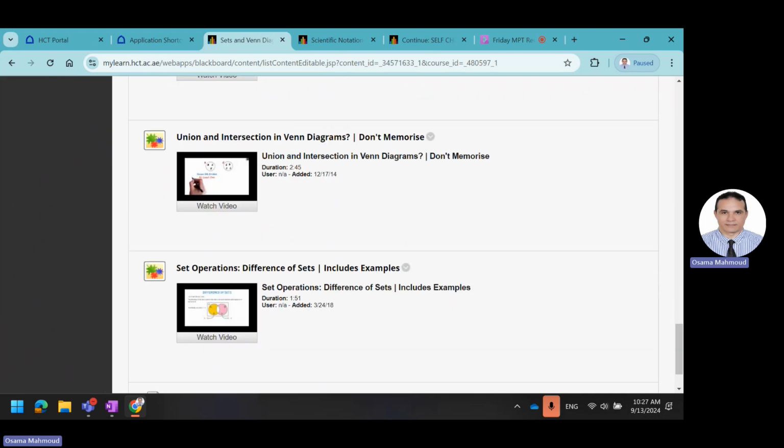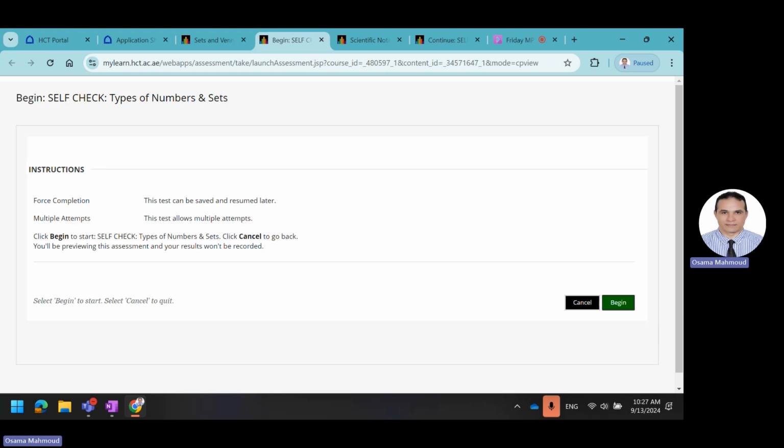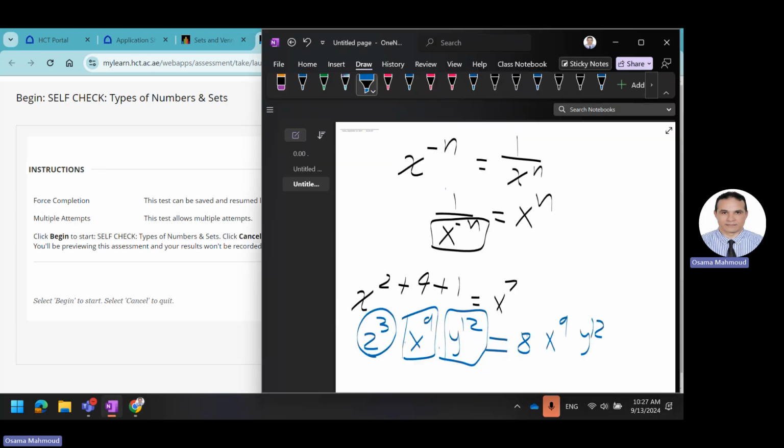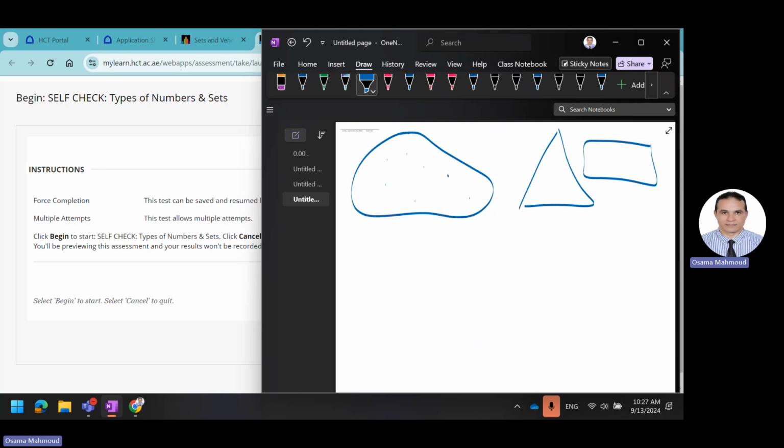Also, before I solve the self-check question over here, I should have some knowledge about the Venn diagram, right? So Venn diagram is a closed curve, whatever it is, triangle, rectangle, it doesn't matter, right? You put elements over here. This is a way of representing a set, okay?